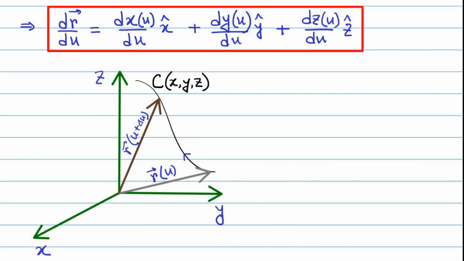So since we have found this interesting expression, the expression for the ordinary derivative of the position vector tracing out a space curve, now let us ask, what is the significance? What is the geometric significance of this expression we have found right here?